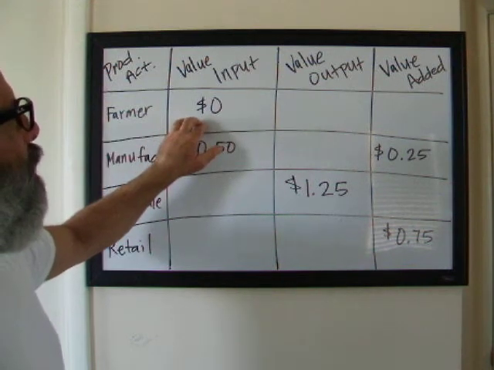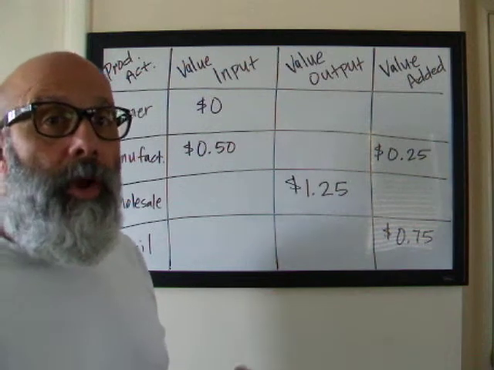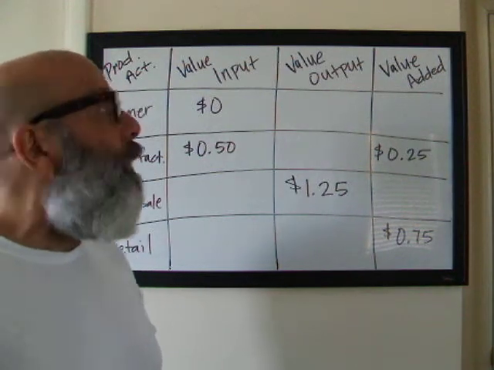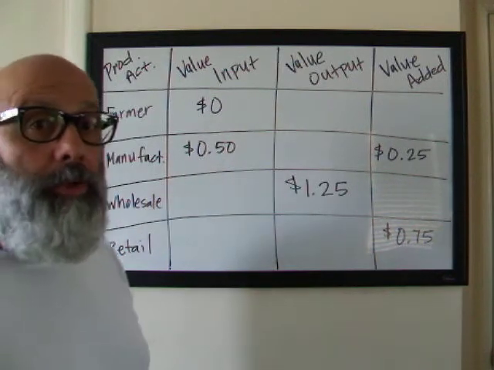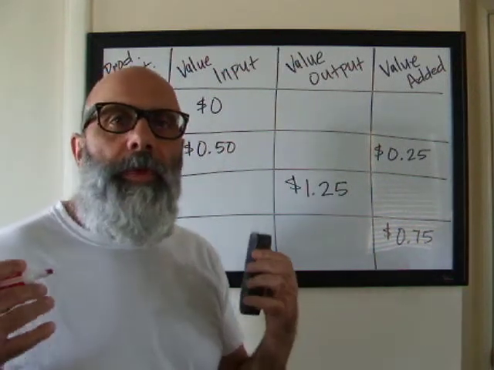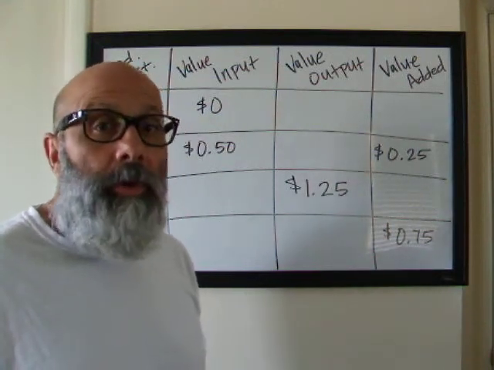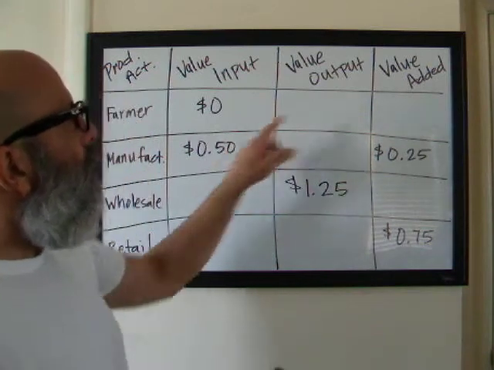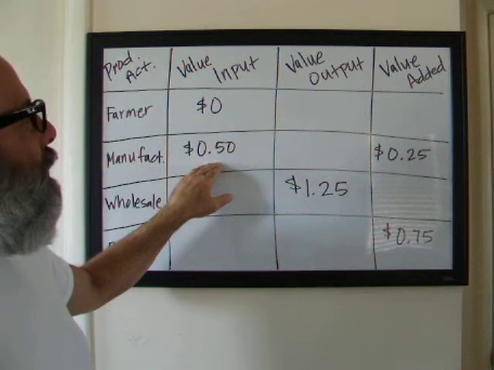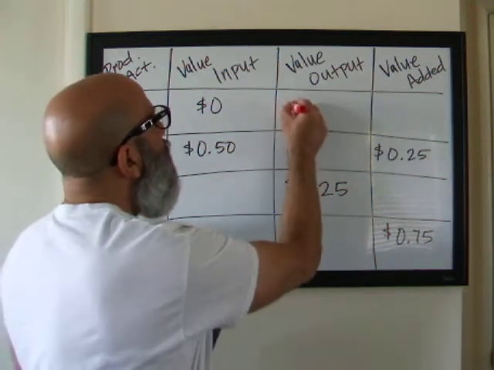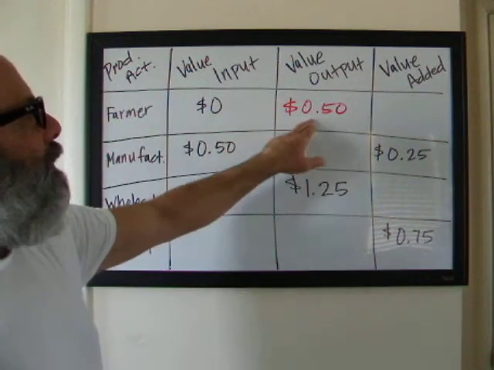Let's start with the farmer growing an avocado. Here it says that the input value is 0, and that's just because we need a starting place. The farmer is going to grow an avocado and incur costs to do it, and that's going to be the value of the output that the farmer sells the avocado to the manufacturer for. So the farmer has to pay for their land and their labor and their machines, their capital, and any profit for the farmer. Now when you look at this, you might think we don't have any information here. Well, the 50 cents that comes over to the manufacturer, that's the value that the farmer has placed on their output.